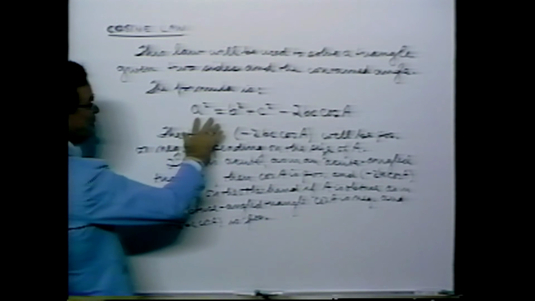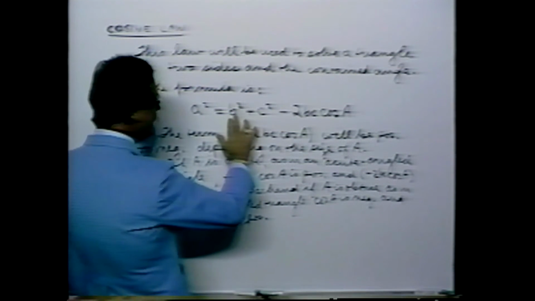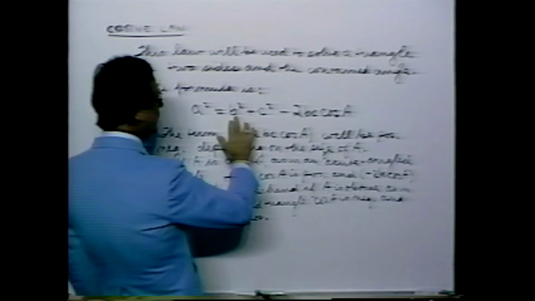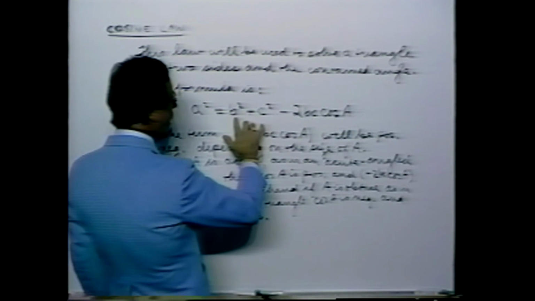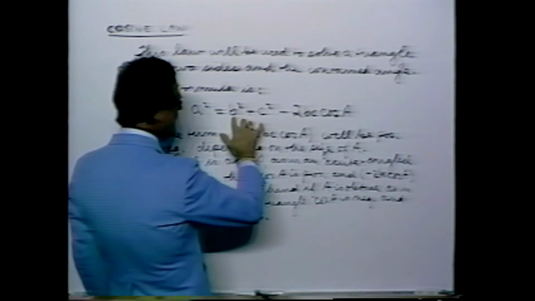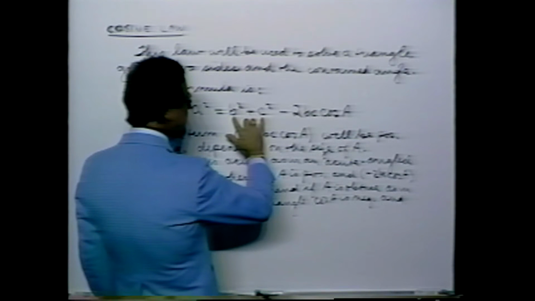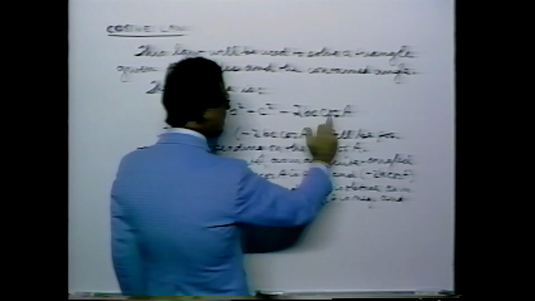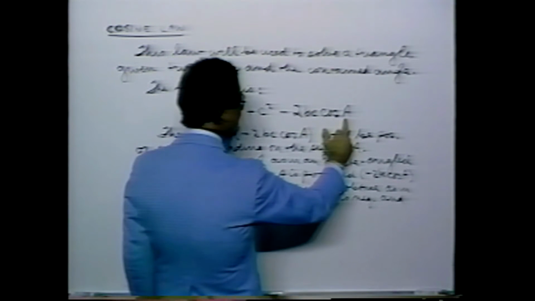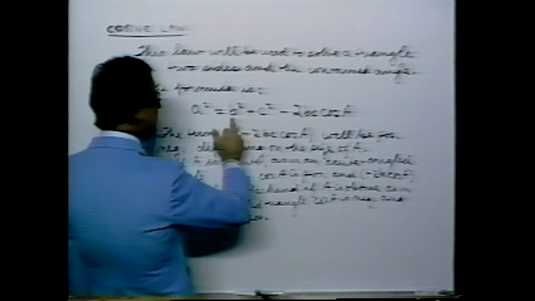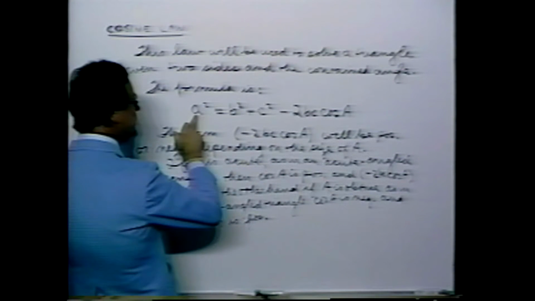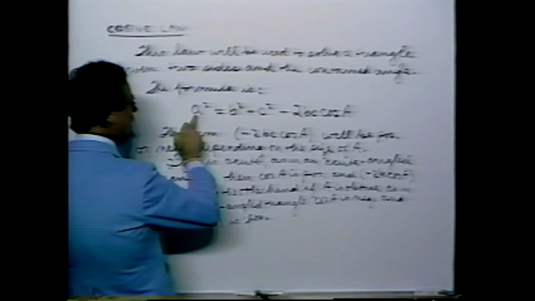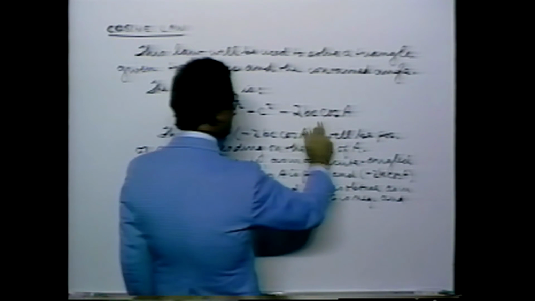You would use this formula when the given components of the triangle are side B, side C, and the angle contained, which is A. This allows you then to solve for the third side that's not given, A. You must memorize that formula.